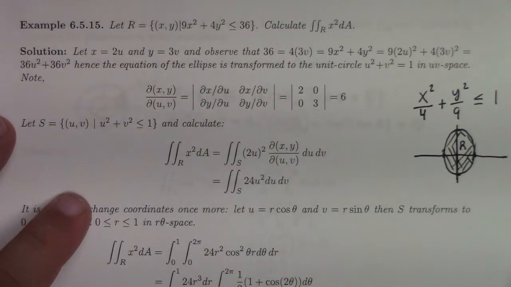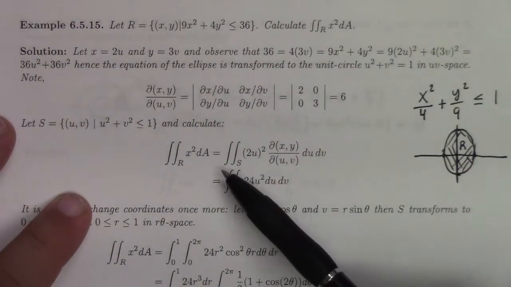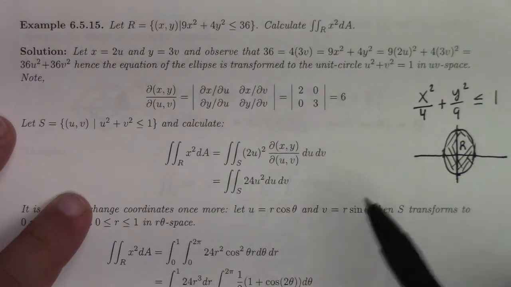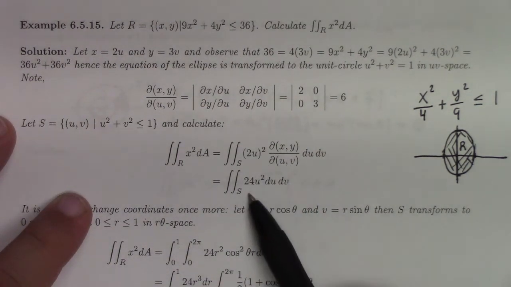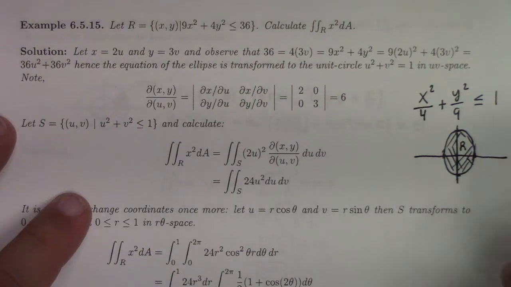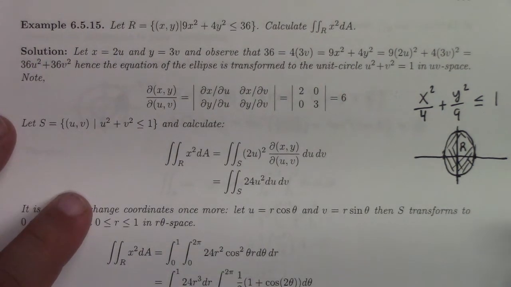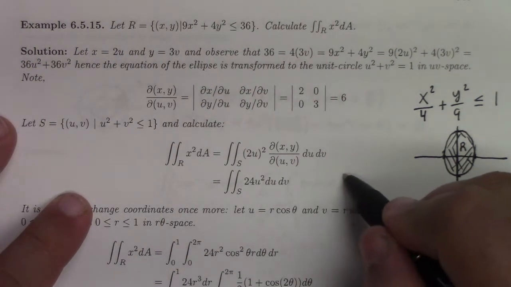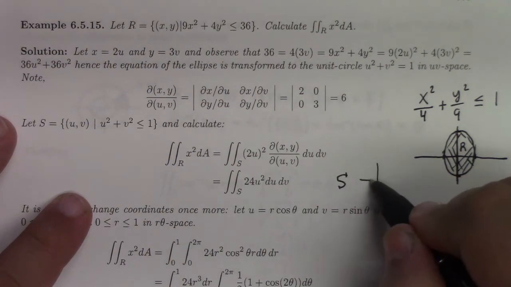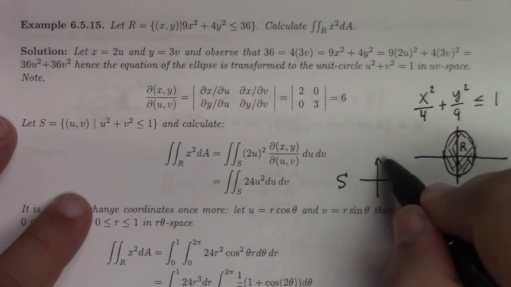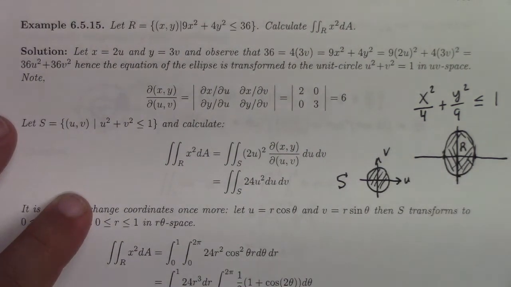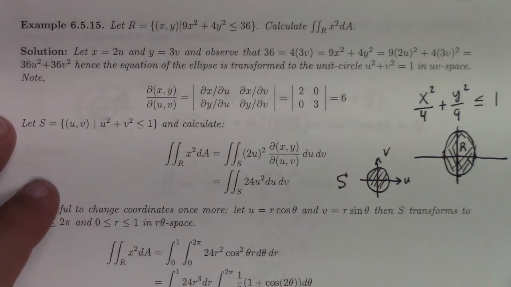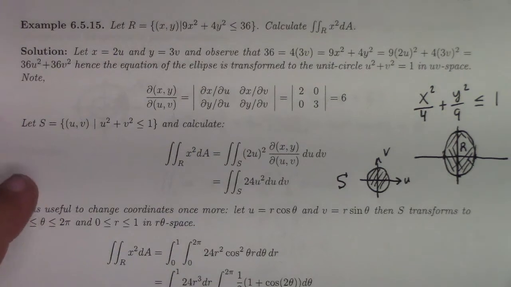If I'm going to integrate x squared over this ellipse, I can integrate 4u squared times the Jacobian of 6, which gives me 4 times 6 is 24, 24u squared du dv. But here s is in the uv space, and it is a unit circle. So again, I don't really want to do that integral in u and v either, because it's still ugly. It's a disk, rather.